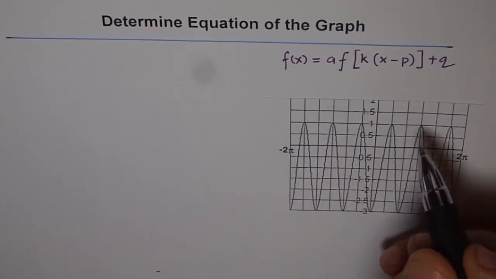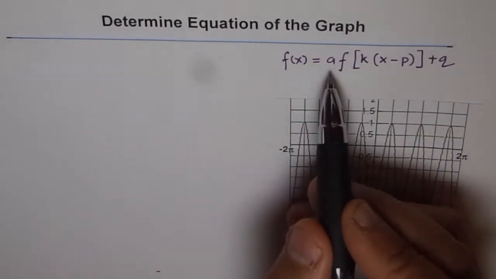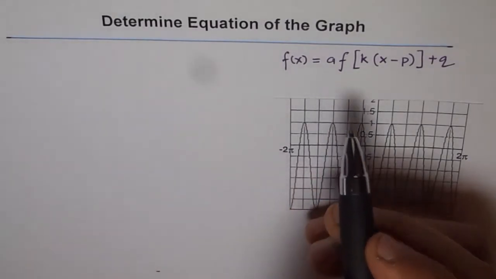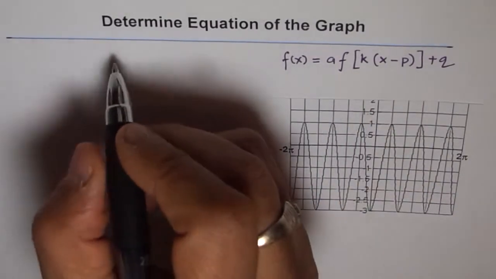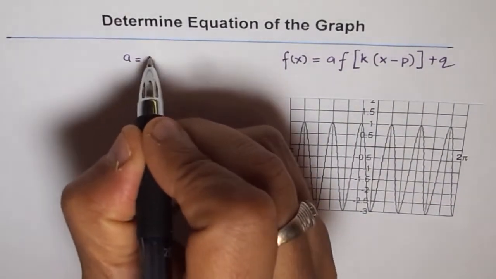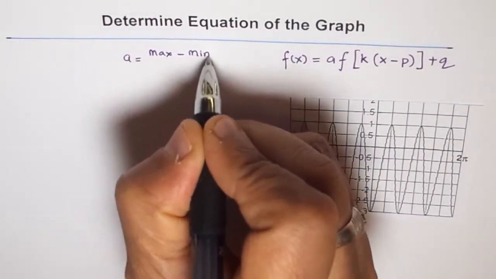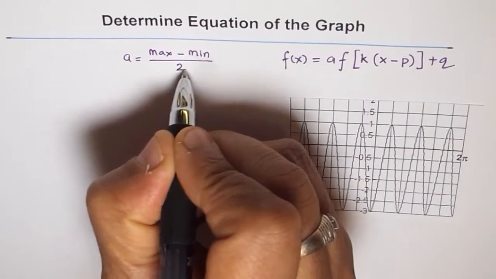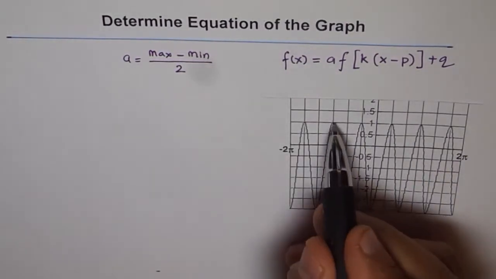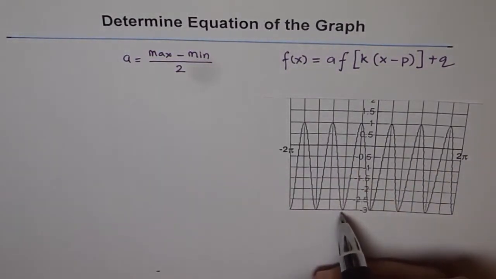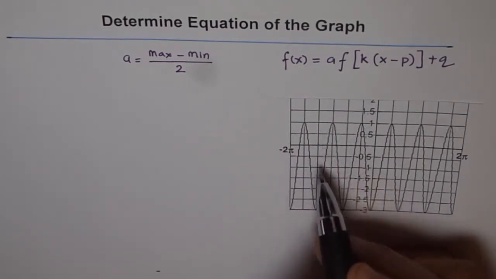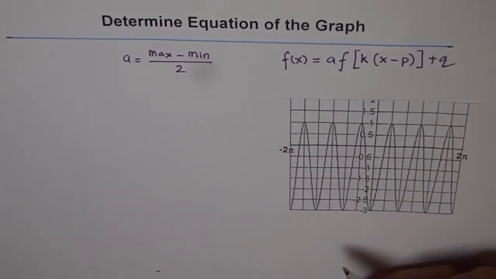Now, as you know, the amplitude A can be found by the formula A equals maximum minus minimum, divided by 2. So we can find the maximum and the minimum, take the difference, divide by 2, and we get the amplitude of the wave.